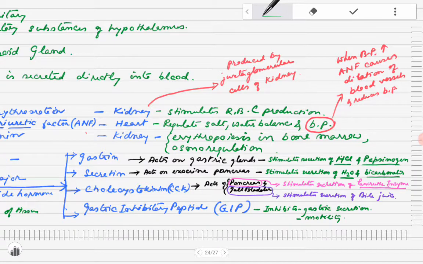Gastrin acts on the gastric glands and stimulates secretion of HCl and pepsinogen. Secretin acts on exocrine glands and stimulates secretion of water and bicarbonates. And cholecystokinin, CCK, acts on the pancreas, which stimulates secretion of pancreatic enzymes, and on the gallbladder, which stimulates secretion of bile juice.